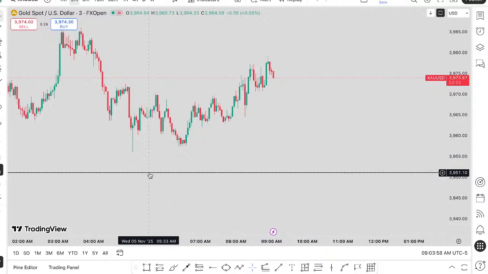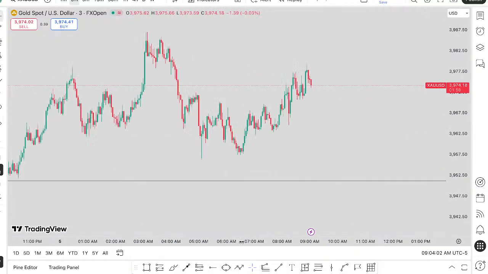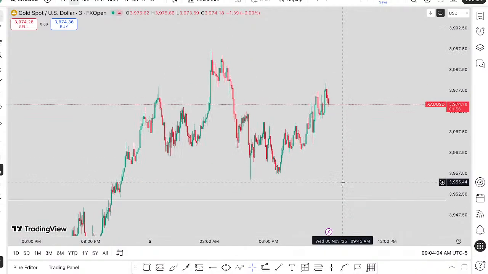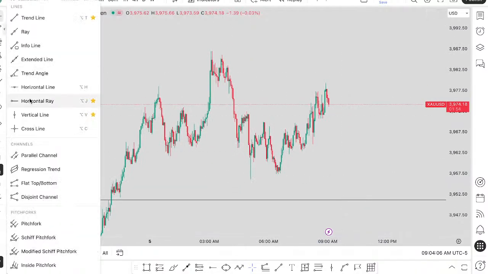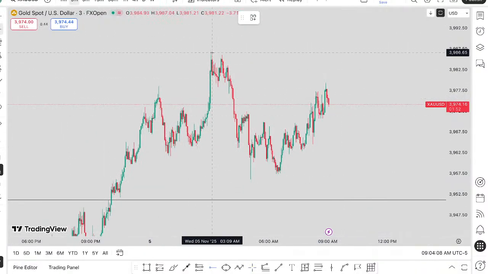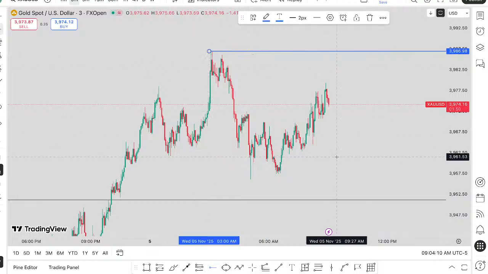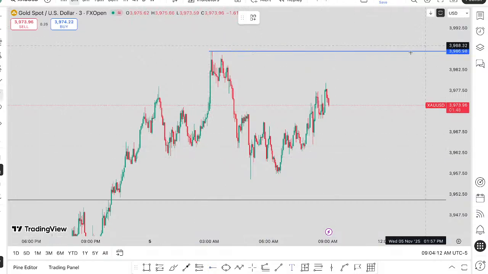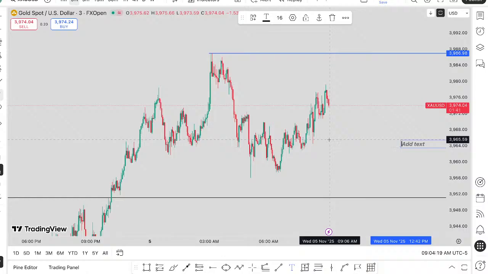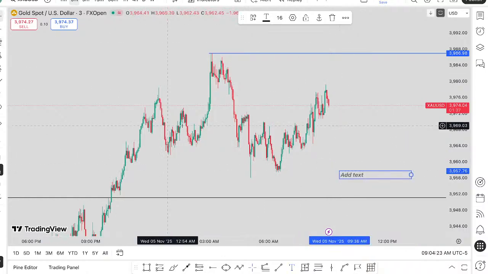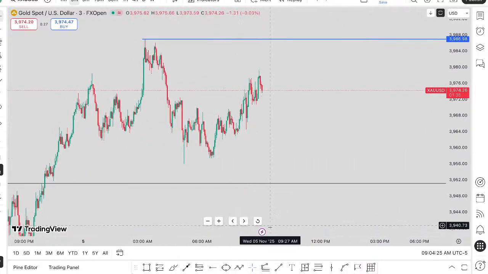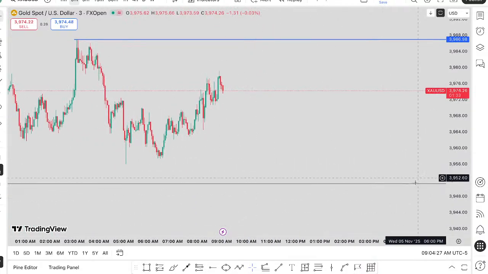So I'm looking at, my eyes are here. Buy side liquidity, so we'll be looking for that area to be triggered. So if we're looking for entry, and a good entry, we'll be waiting and we'll see how it moves.